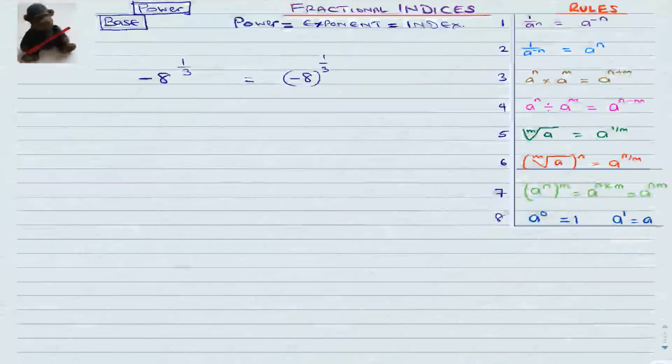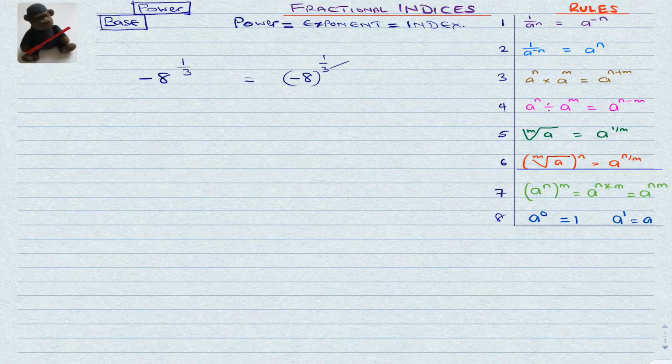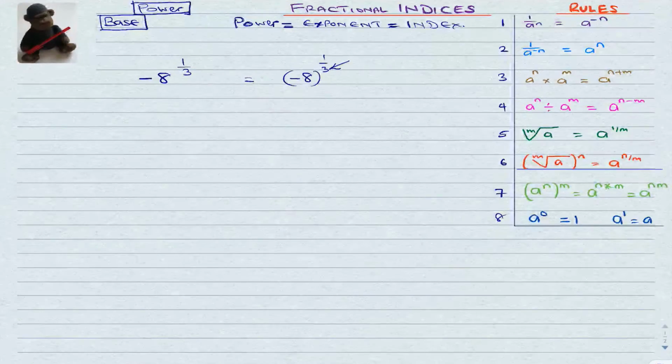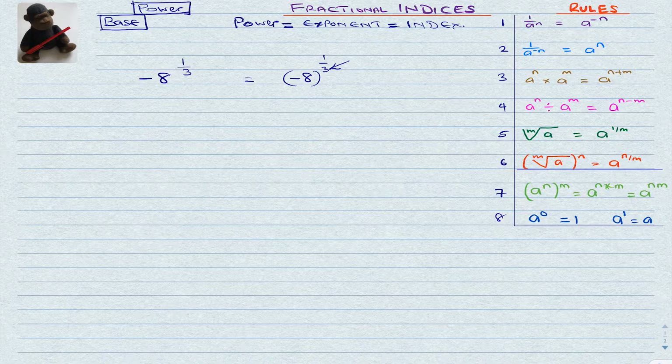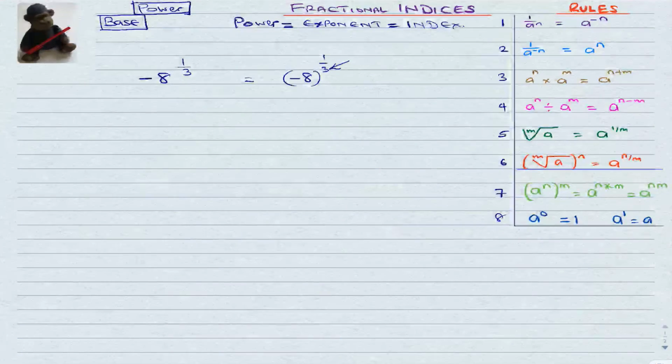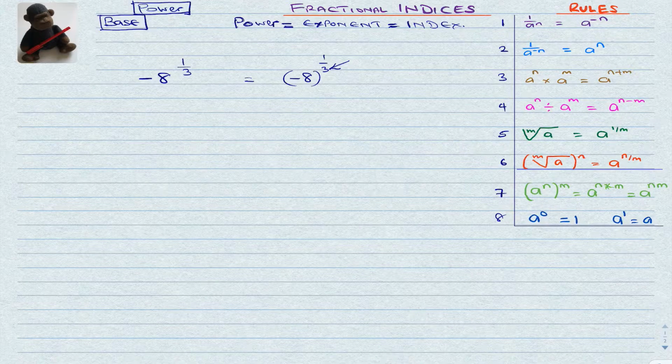Again, the 3 is telling you a story, and the story is, because I'm a fraction of 1/3, the 3 says, look at the number in the bracket. There's a number you can multiply by itself 3 times, basically. Not times 3, but 3 times. And then you get minus 8.